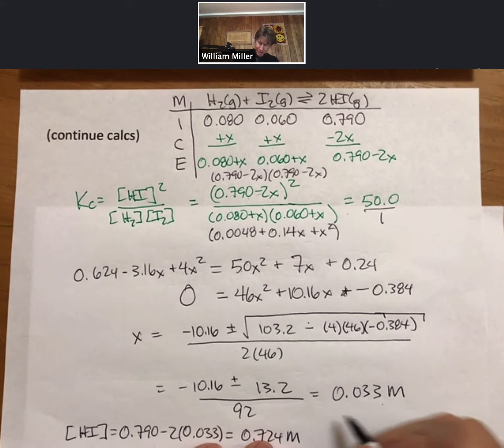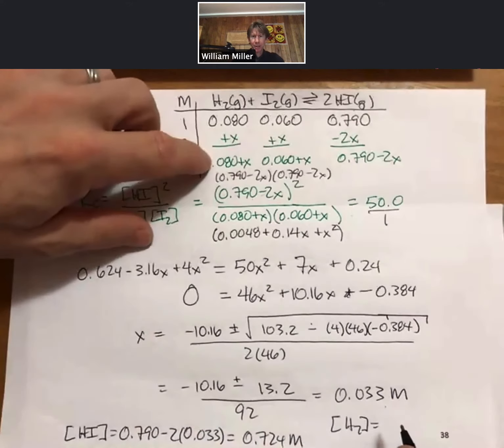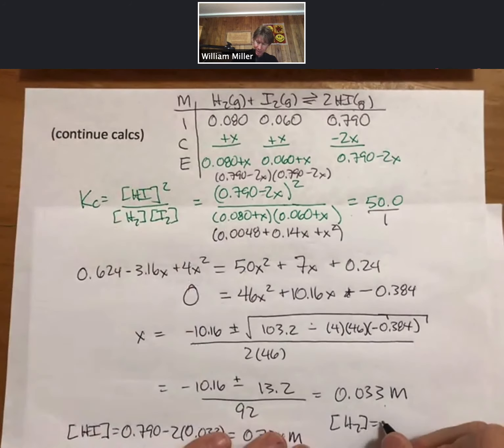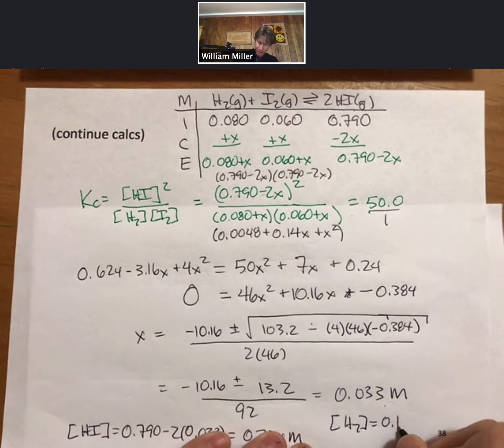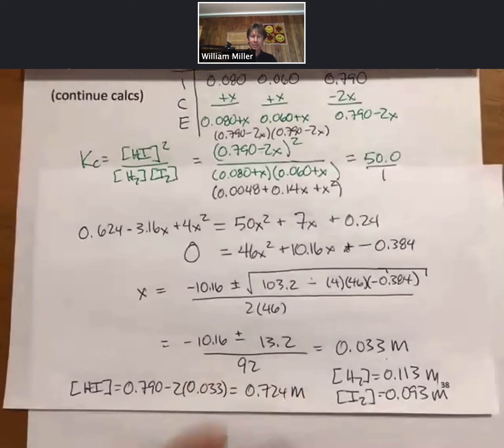My concentration, and I'll just do this part in my head, of H2 equals my 0.08 plus my 0.03, so 0.113. My concentration of I2, 0.093. Those are molarities. They're on screen.